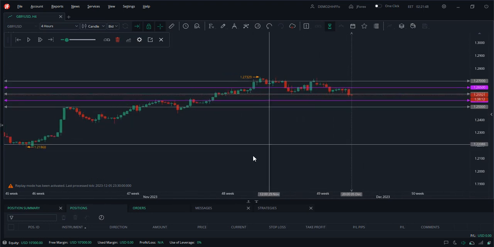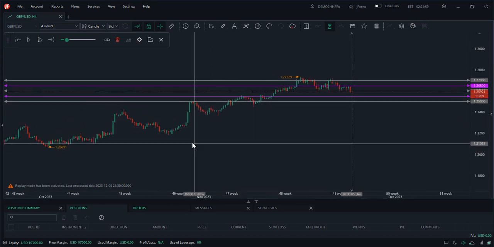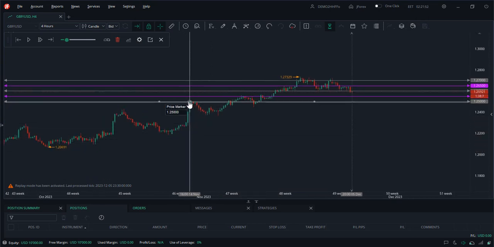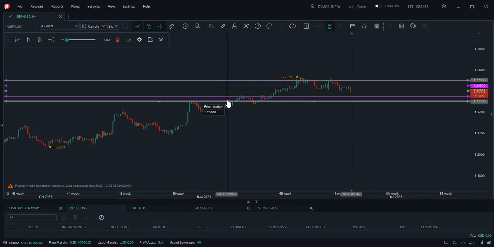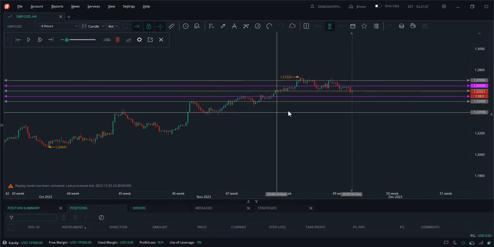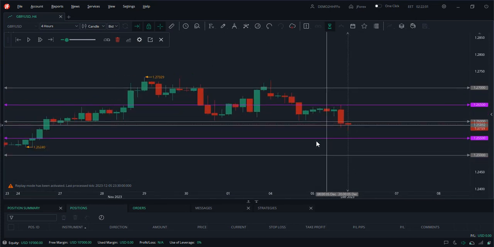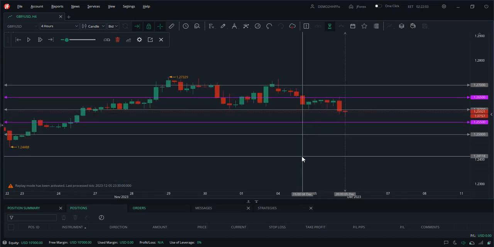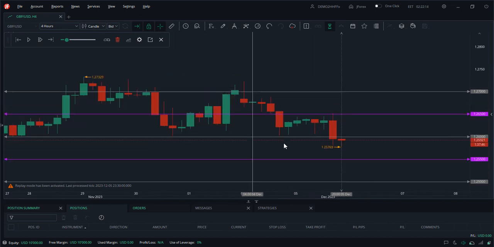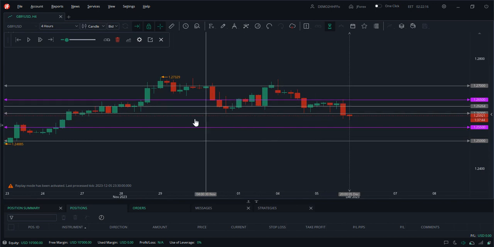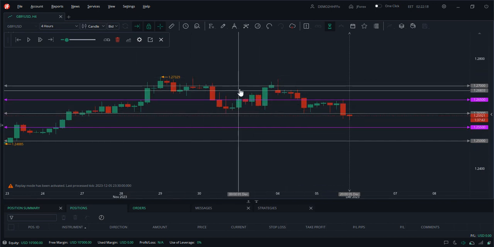That is why psychology level is very, very strong. Look at this price here, the psychology level reacted. So whenever price comes to these psychology levels, they react because the human mind is already attached to psychology levels, in daily life, in the marketplace, and on the forex chart. All right, so this is the idea behind psychology levels.